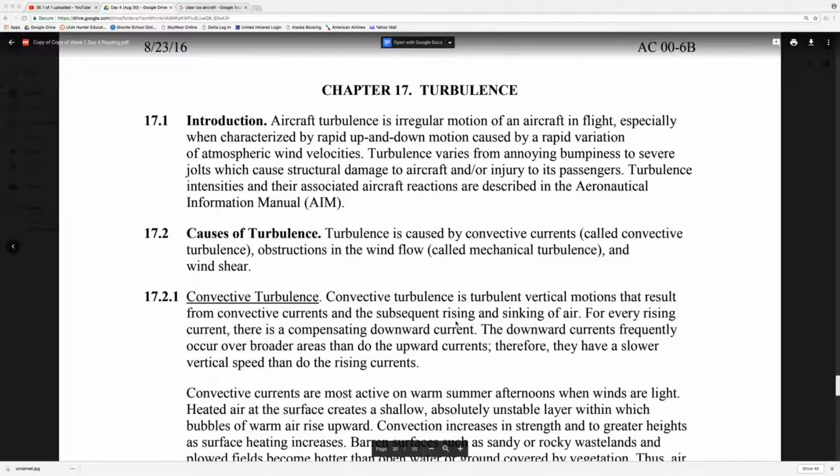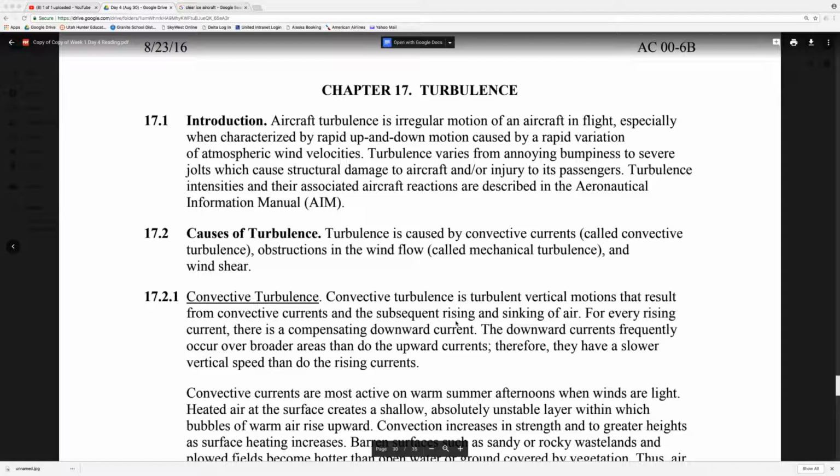Once it reaches saturation, it forms a cloud. And then you have the wet adiabatic lapse rate, because as you're creating that condensation, you're losing energy. That's why it's the moist adiabatic lapse rate. And as it continues to cool, it runs out of energy, and that's the top of the cloud, right?